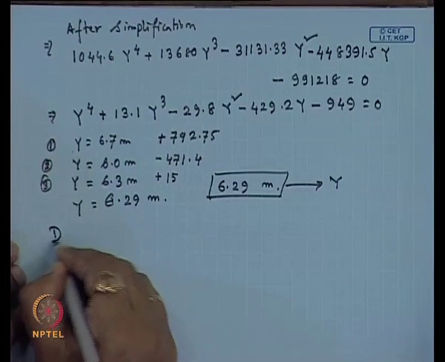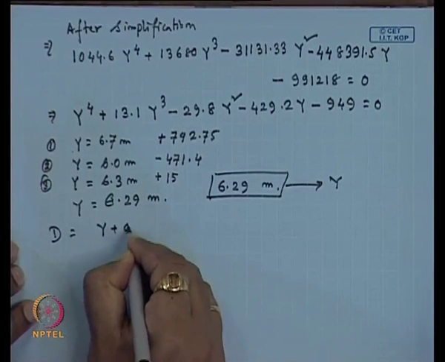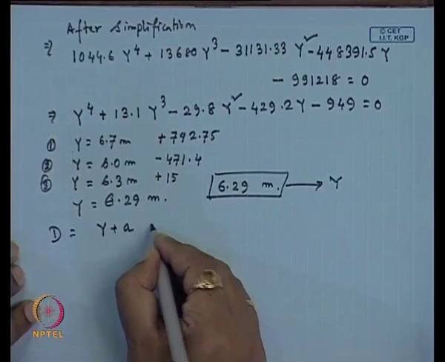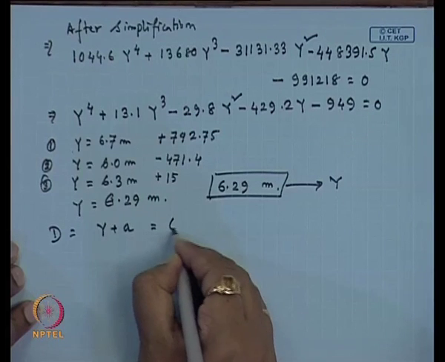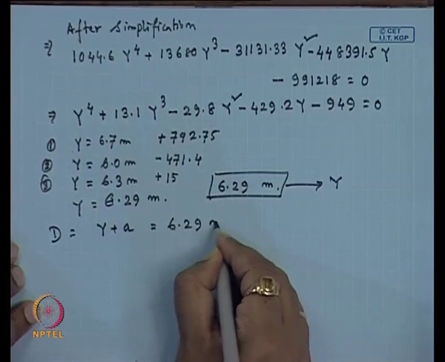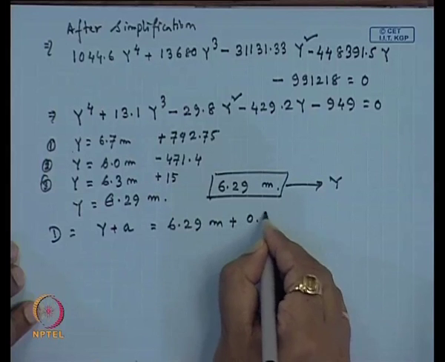So, our d is y plus small a. The y that we have considered is 6.29 meter, and a is 0.83 meter.